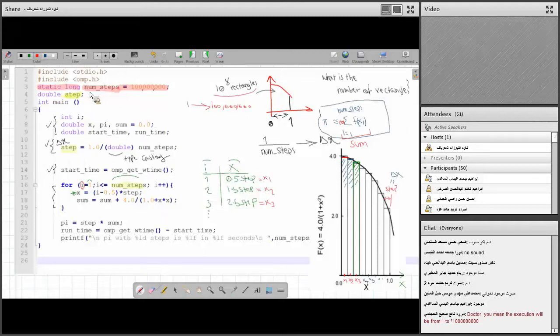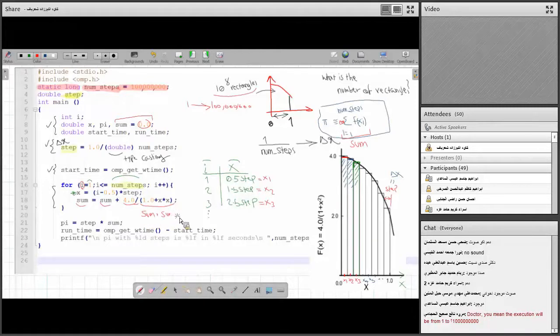Okay, a new variable called sum with the initial value of 0. We have a new variable called sum with initial value 0. Sum equals sum plus 4.0 over 1 plus x multiplied by x. This is the f of x.